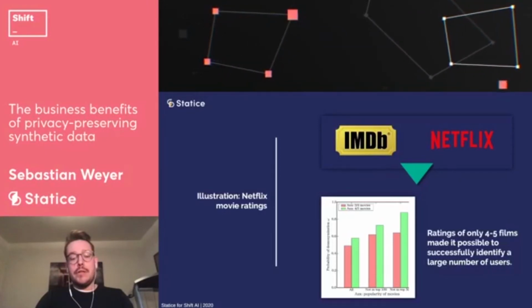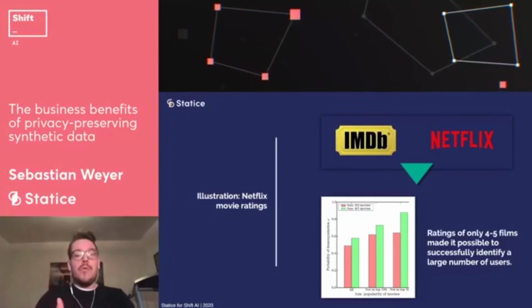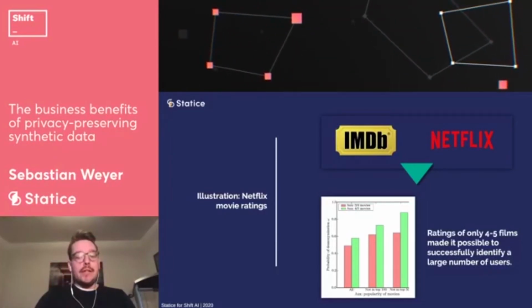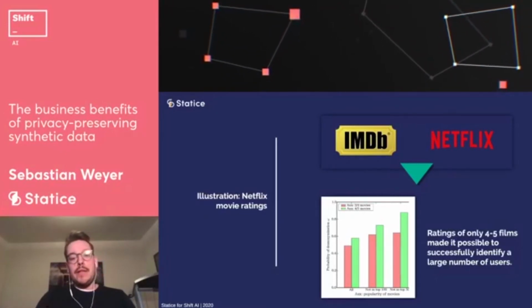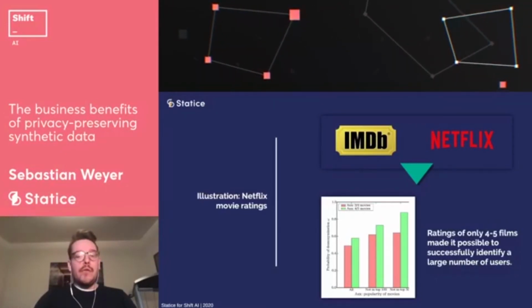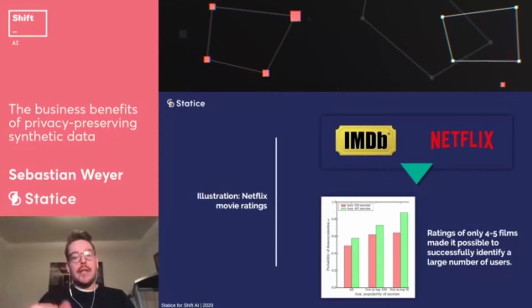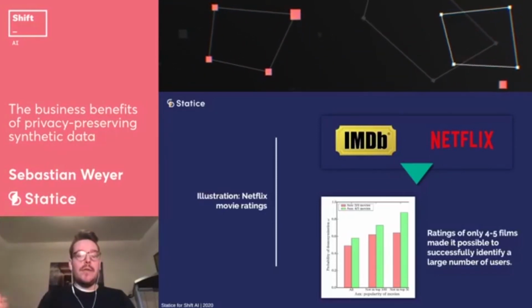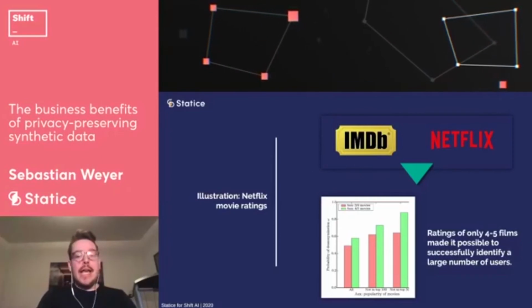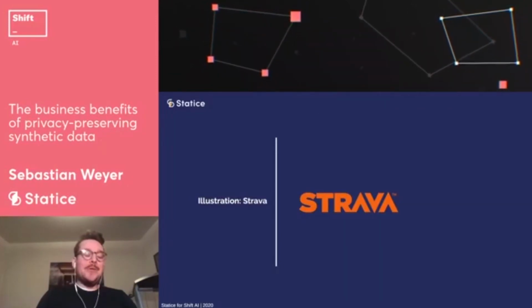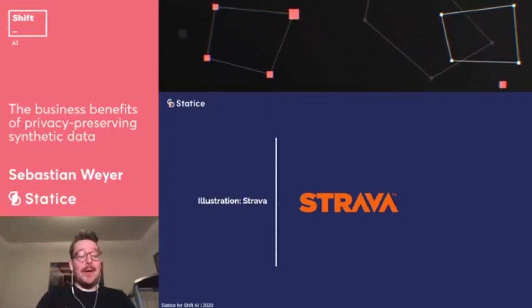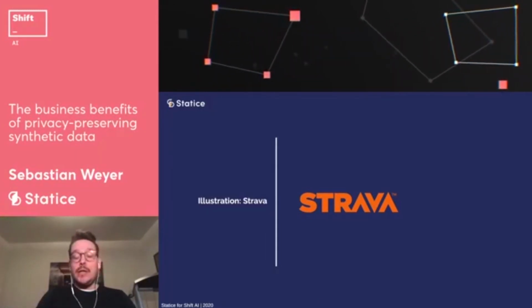Looking at this set of data, which seemingly was anonymous again, they were able to, by just looking at movie ratings of individuals and linking this with data from the IMDb, a publicly available database as well, just by looking at 4 to 5 movie ratings of a person, link entries from the Netflix data to a publicly available profile of a person in the IMDb, and again identify over 80% of the individuals by just looking at a sequence of movie ratings. And again, this gives you the idea that data that seemingly is protected really isn't.